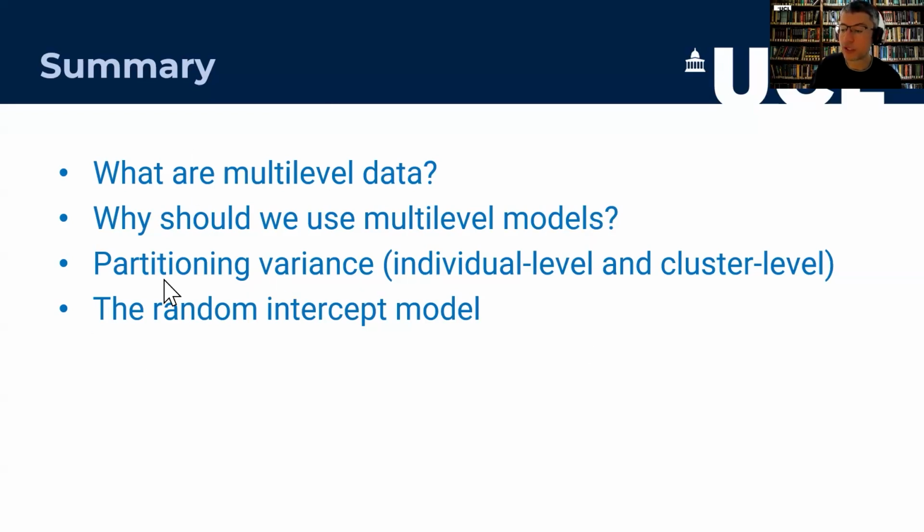We also introduced the initial idea of a random intercept model, where we allow for an explanatory variable to be introduced in the model. And we allow, therefore, the slope of the relationship between x and y to vary across different clusters and different countries.